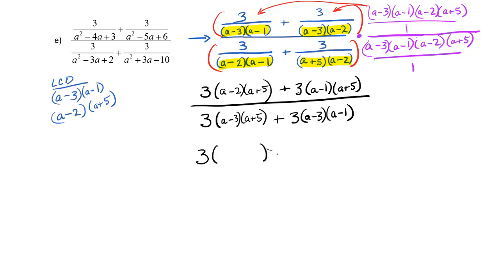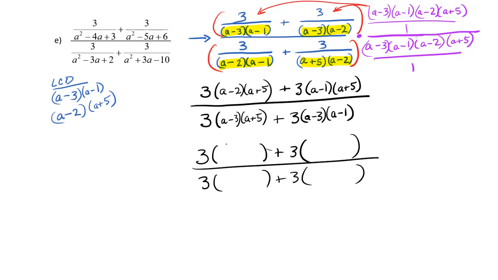Now I'm going to FOIL these and combine them. A minus 2 times a plus 5 is a squared plus 3a minus 10. A minus 1 times a plus 5 is a squared plus 4a minus 5.